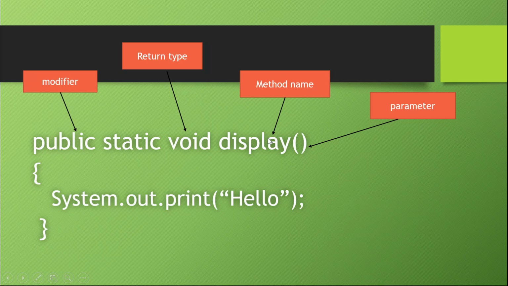The method name still follows rules similar to those for creating an identifier. And inside of these open and close parentheses is the parameter. For this example, we don't have a parameter yet, but we will have an example with a parameter. For this method, we simply display, with System.out.print, the word hello.